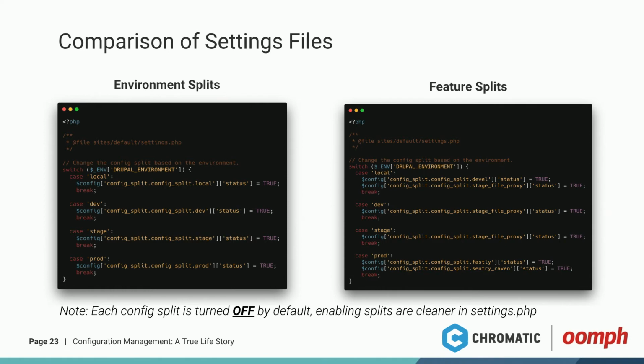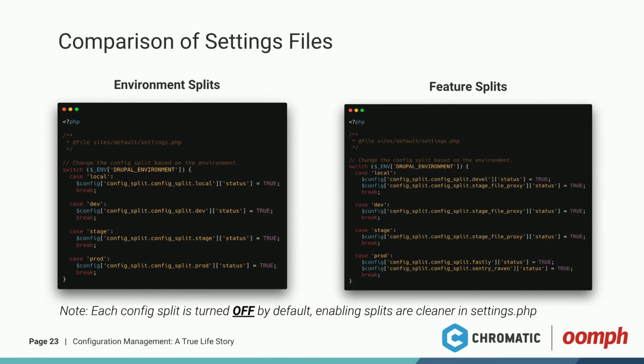Here, this is what the settings files would look like between an environment and a feature split. So you can see here, as I just discussed, at Oomph, there is just a single split that's active. If you look at the feature splits at Chromatic, we'll have multiple configuration splits active. If you look at local and prod, for local we have devel and stage file proxy enabled, and in production we'll have Fastly and Sentry Raven enabled.